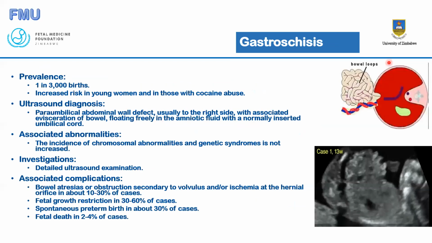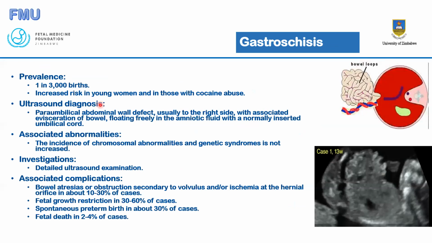Gastroschisis: you can see from this pictorial representation here that the defect is on the right of the umbilical cord, and these are the bowels which are herniated. They are not in a sac. That means they are outside the sac. In this case, you can see them there, floating intestines.